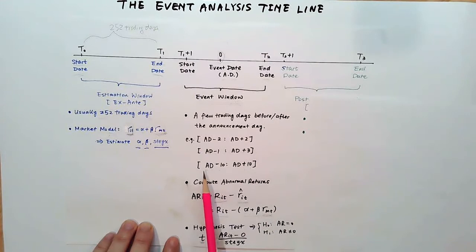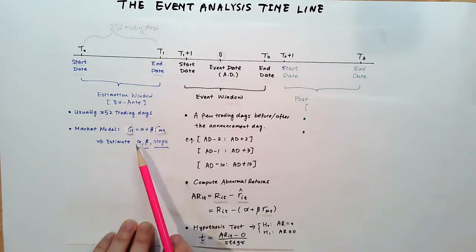Okay, once you carve out the actual event window, you're going to start computing abnormal return corresponding to each of the trading days within this event window. The abnormal return for each day in the event window is calculated using the actual return of this company on each of the trading days minus the predicted return of this company based on the market model on the same trading day.